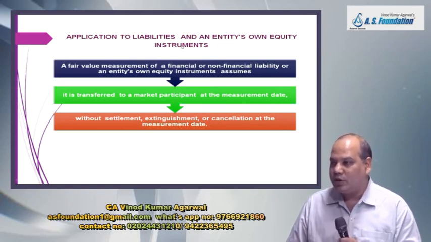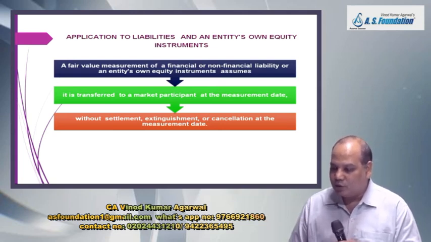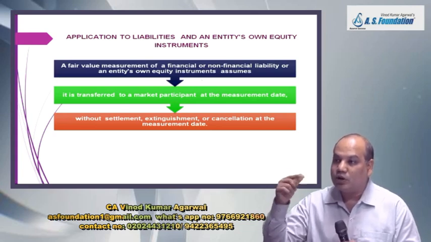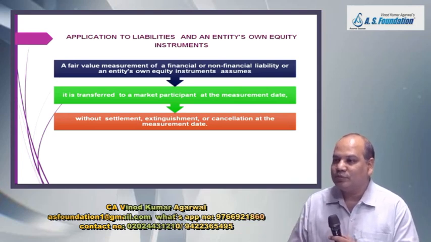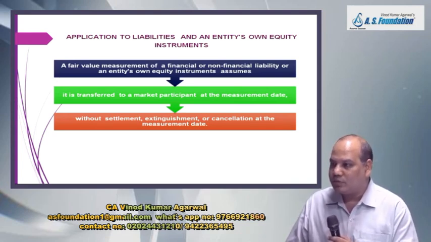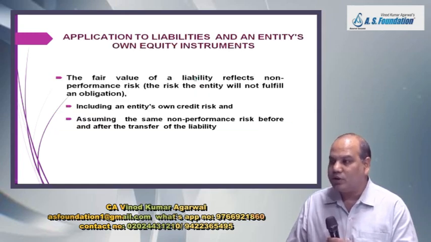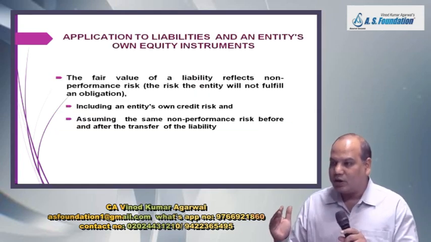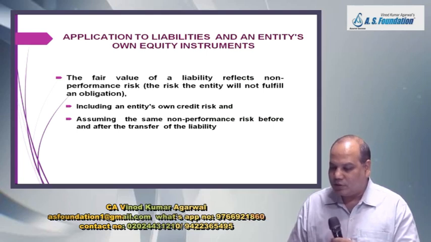While valuing liability, financial or non-financial, or entity's own equity instrument, the valuation would assume transfer. Valuation will not assume settlement, extinguishment, or cancellation. This standard says when you are valuing liability or own equity instrument, we have to value on the assumption that they will be transferred from one party to another. They will not be cancelled or settled.